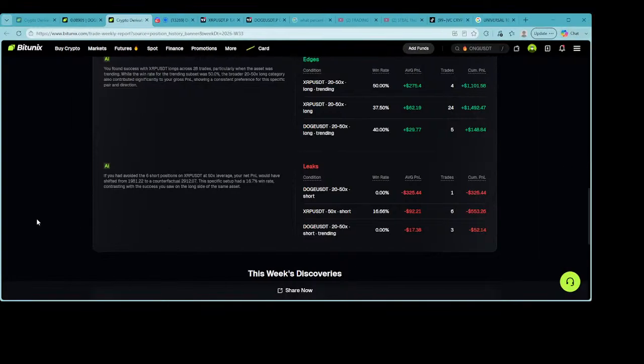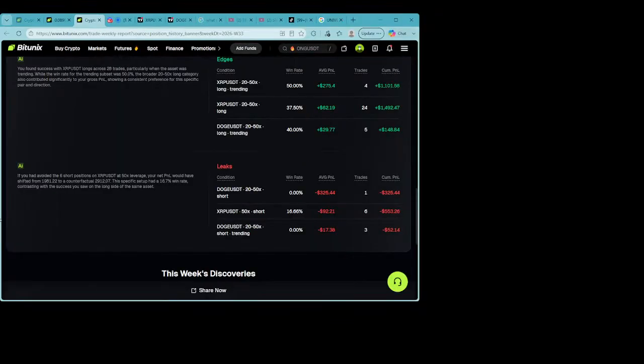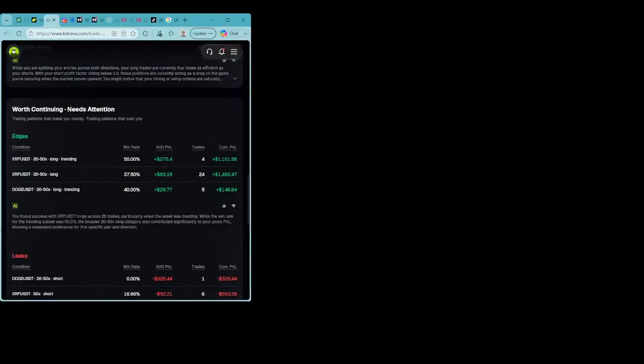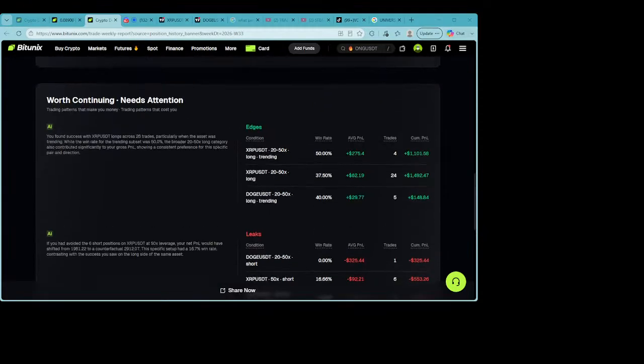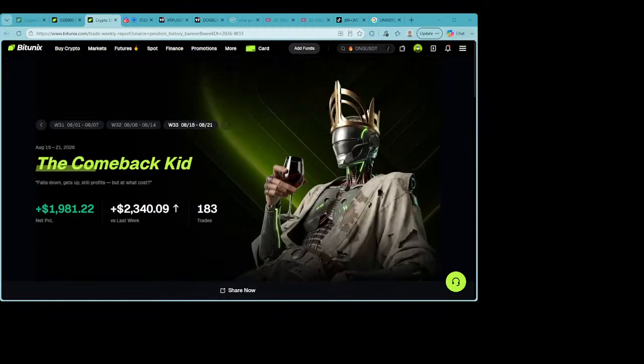Do I need to expand that? Okay, so you got the red lines. I think I just come over here and move this over. Okay, there we go. It's easier for me just to move the screen on TikTok. Okay, so now you guys can see what I'm talking about.